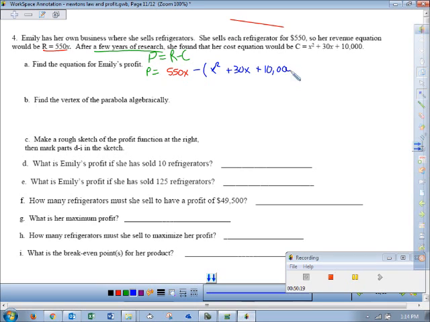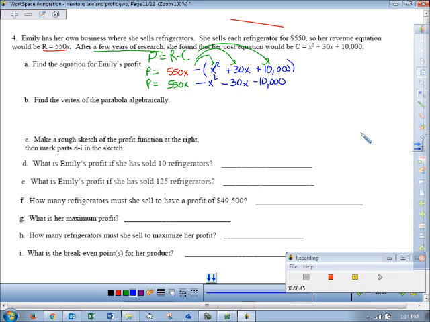When you want to take away more than one term, it needs to be quantified. Awesome sauce? We need to clean this up. Is everybody cool with the fact that I need to distribute this negative through right here? All right? So I'll have P equals 550X minus X squared minus 30X minus 10,000.